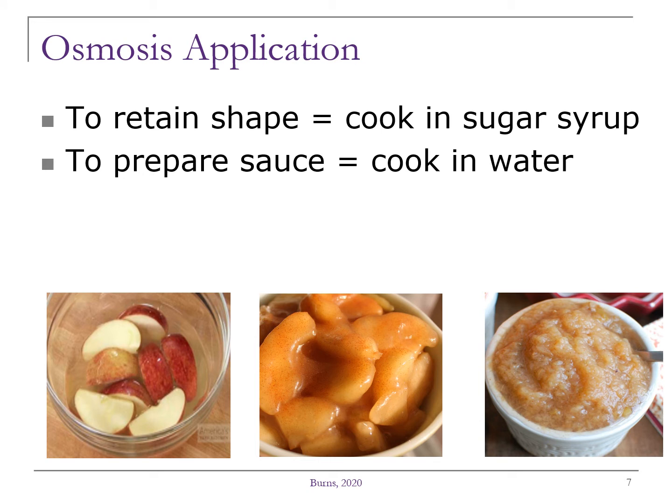We can also use this principle of osmosis to create different textures when cooking. If we want to retain the shape of the fruit or vegetable, then we will cook it in the presence of additional solute, which is usually sugar, or it can also be a salt ion. If we don't care what the shape of the cooked product is, then no solute is added.